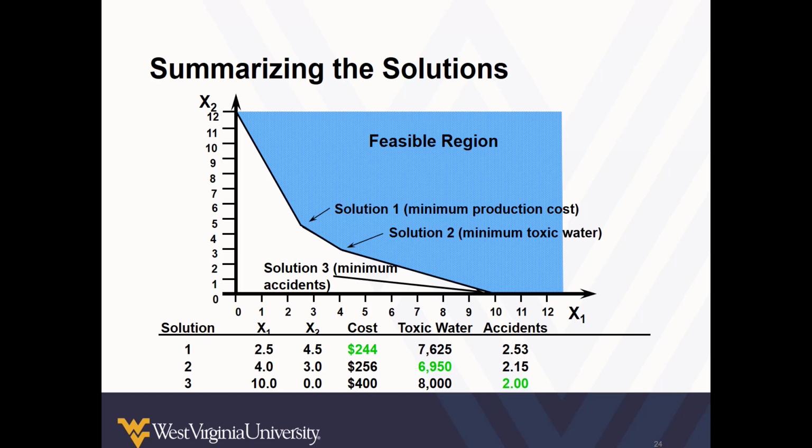So if we sketched out the results, the shape of the feasible region would look like this. We see that the production costs are optimized at $244,000, toxic water production at 6,950 gallons, and accidents at 2.